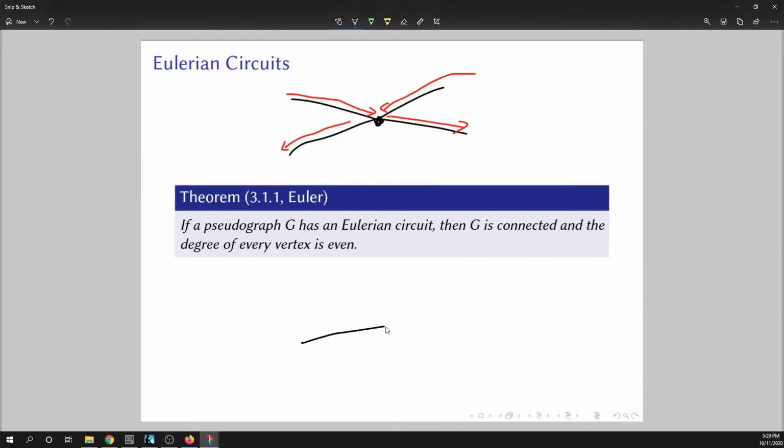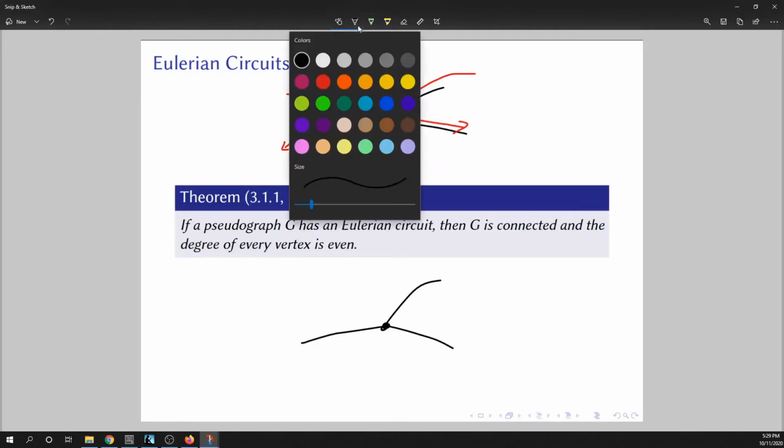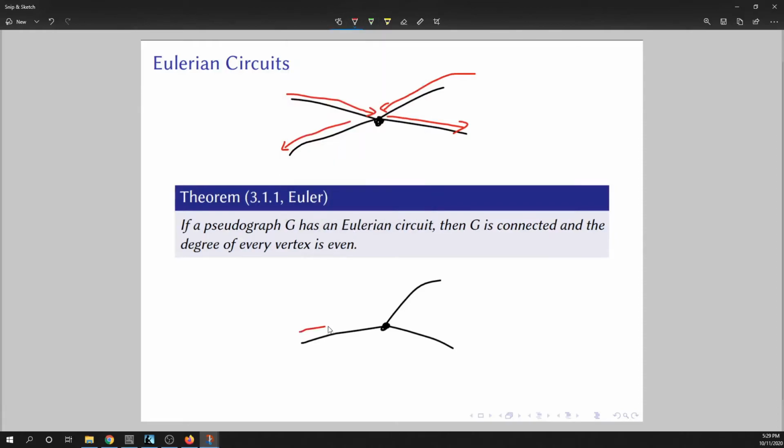Whereas if you have, say, an odd degree, and it comes in like this, and it leaves, and then goes back around the graph someplace else, then the next time it comes back in, it's not going to have any other edges to leave on, and so that's going to kill off the circuit at that point.